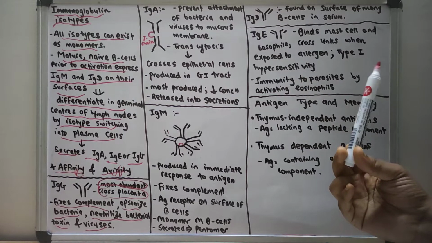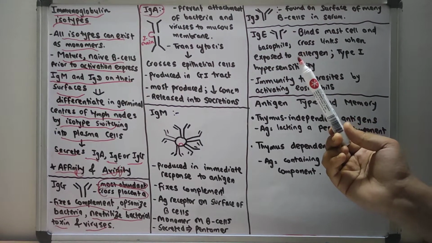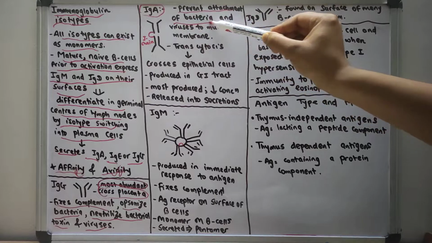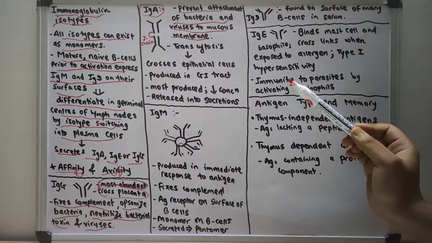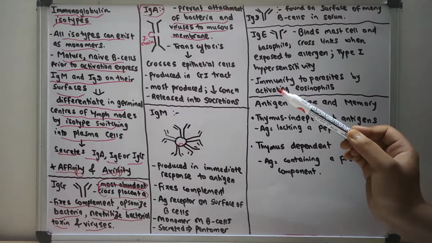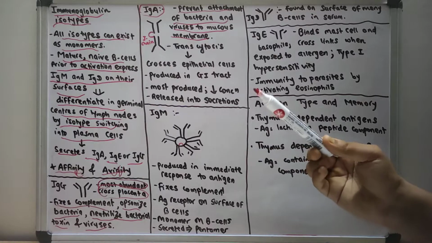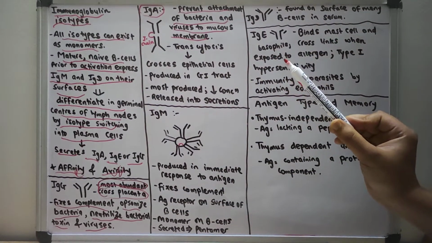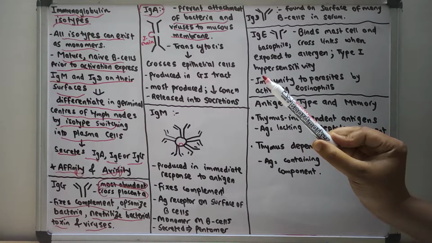Now let us talk about immunoglobulin A. Immunoglobulin A basically prevents the attachment of bacteria and viruses to the mucous membrane. You have to know that unlike immunoglobulin G, which fixes the complement, immunoglobulin A doesn't fix the complement.